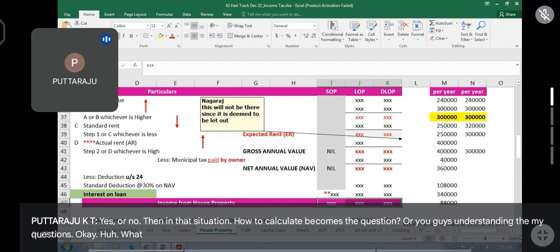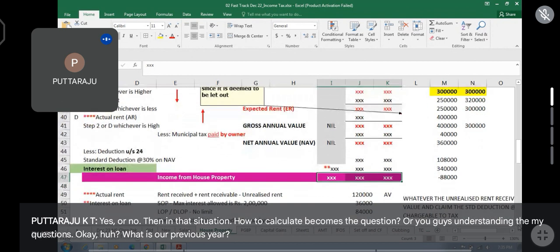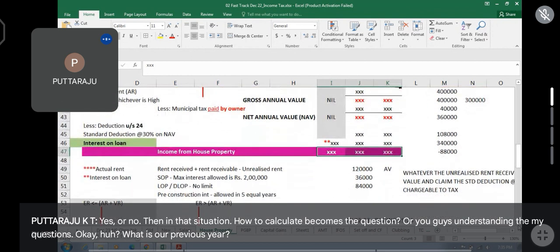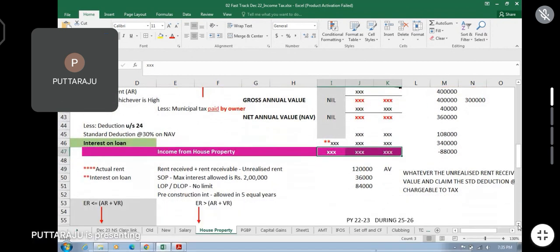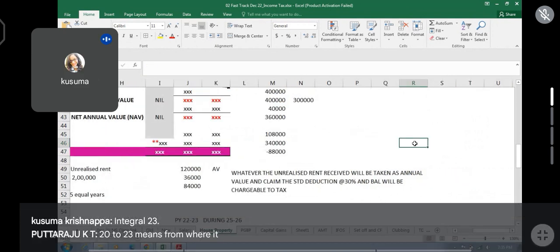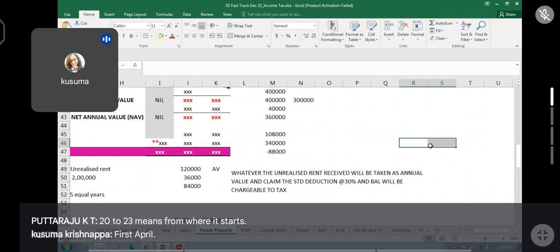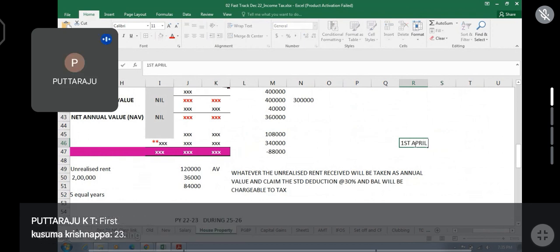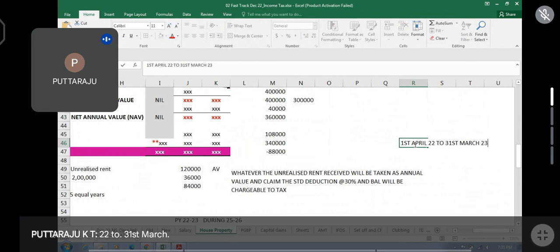What is our previous year? 22-23. 22-23 means from where it starts? 1st April 2022 to 31st March 23 is our previous year.